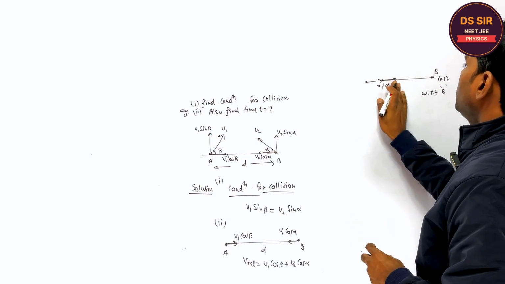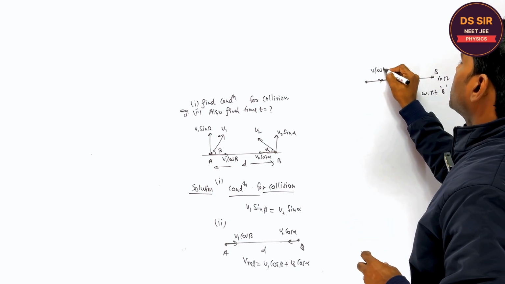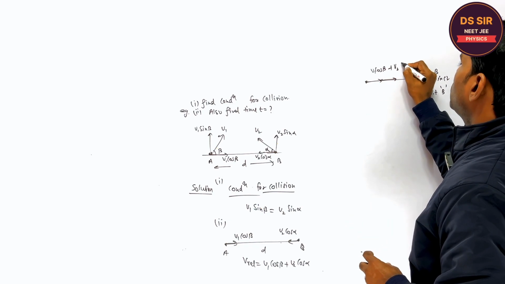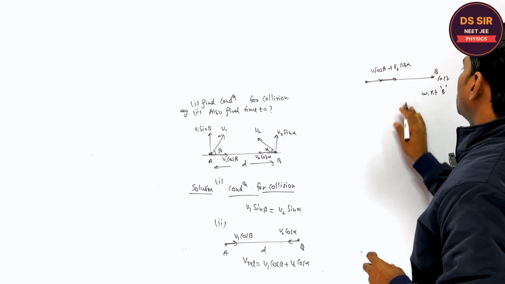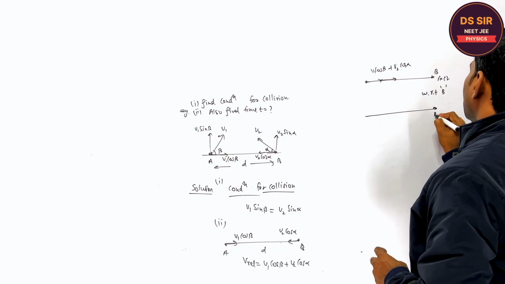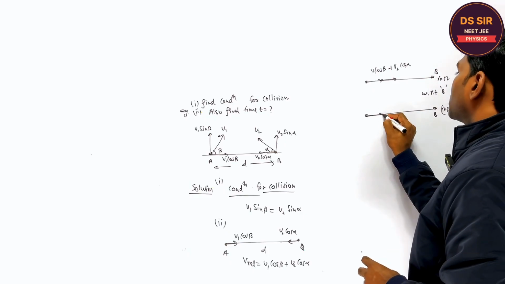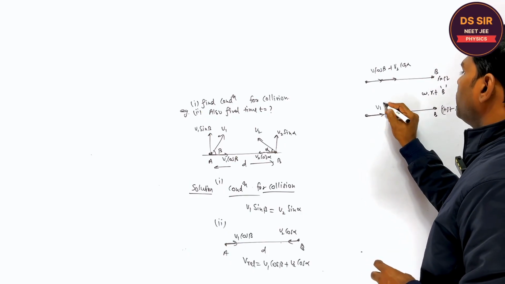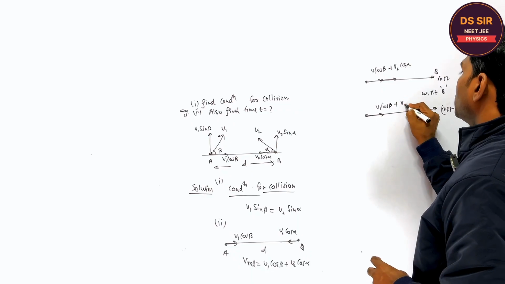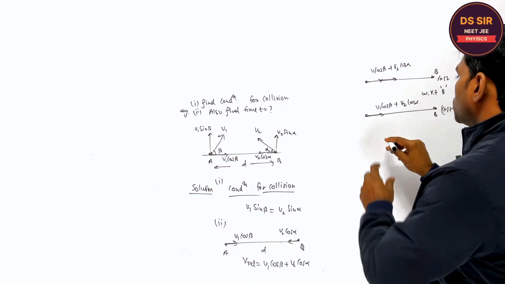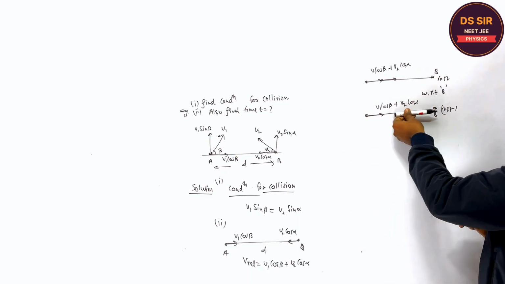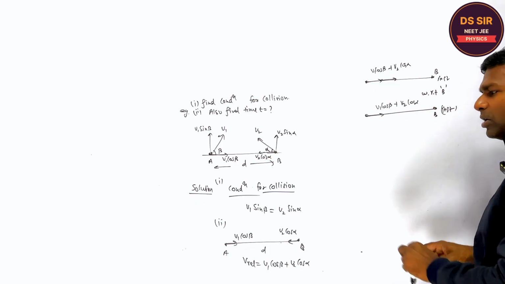So this is v1 cos beta plus v2 cos alpha. So B is at rest and A is coming with the velocity v1 cos beta plus v2 cos alpha. So it will hit like this. Is it clear or not?